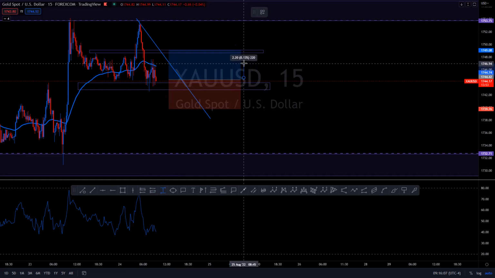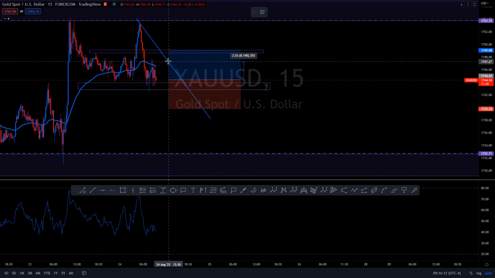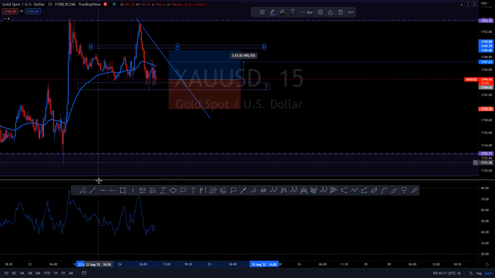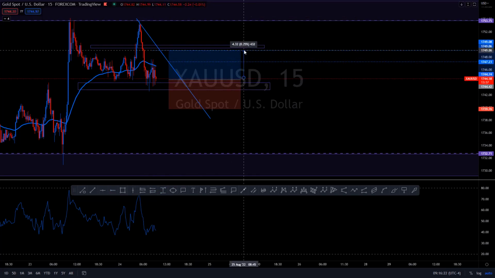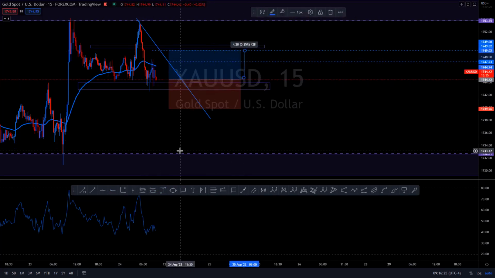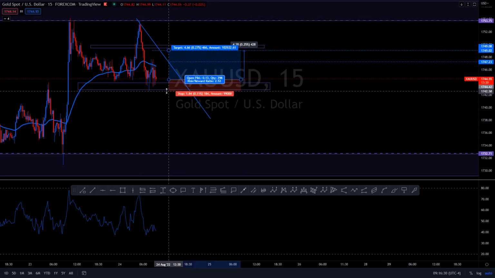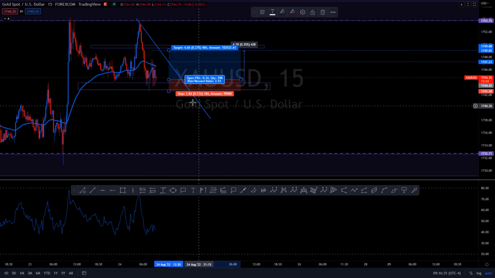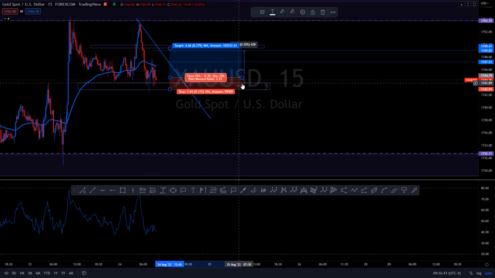And I'm going to focus on getting 250 points of gold or over that, and then ultimately possibly get up here. And that's the goal there. See a lot of wick rejection. So that's what I'm looking at. Might push it up to here.